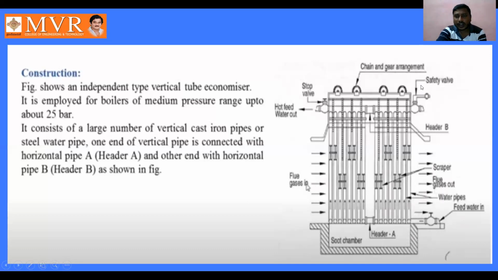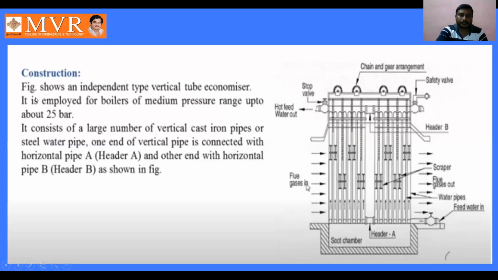This is the feed water, and here we are having the safety valve, which is used for controlling. Actually, in the previous classes, when we were studying the mountings, we studied the safety valve and the stop valve, and this is the chain and gear arrangement which is used in this economizer.